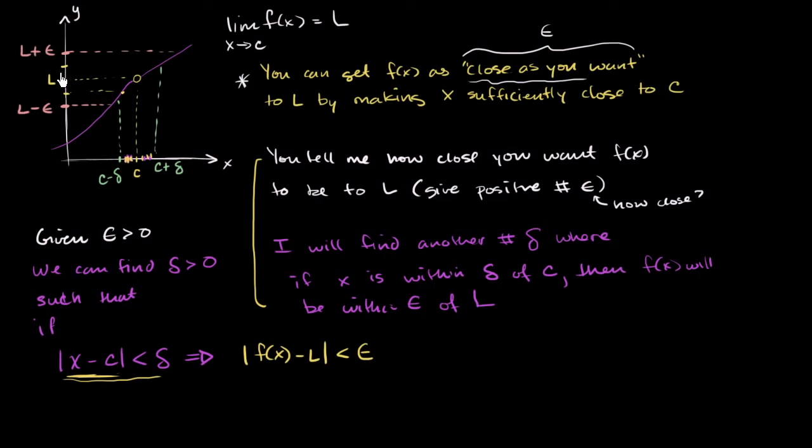It's going to be within epsilon of our limit. The difference between f of x and your limit will be less than epsilon. Your f of x is going to sit someplace over there. So that's all the epsilon delta definition is telling us.